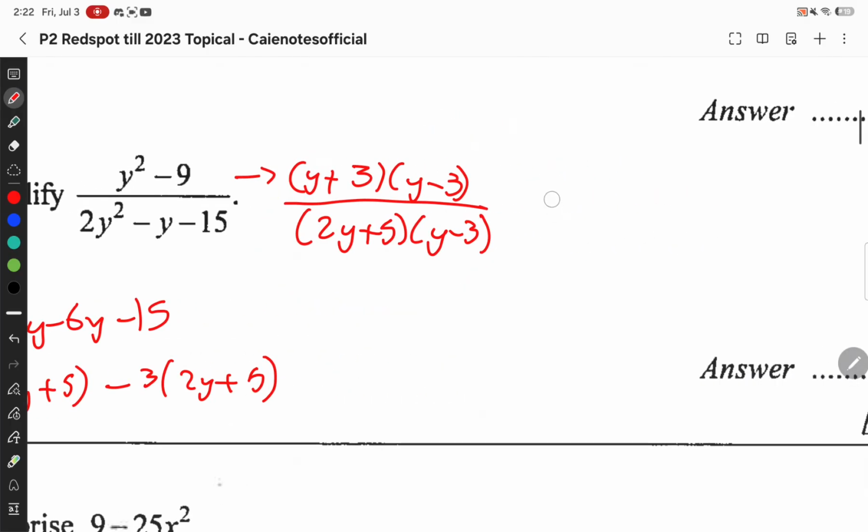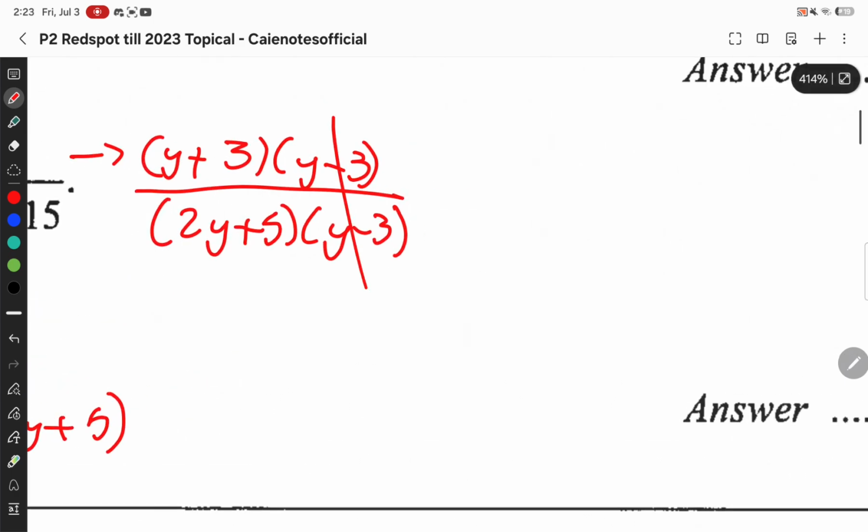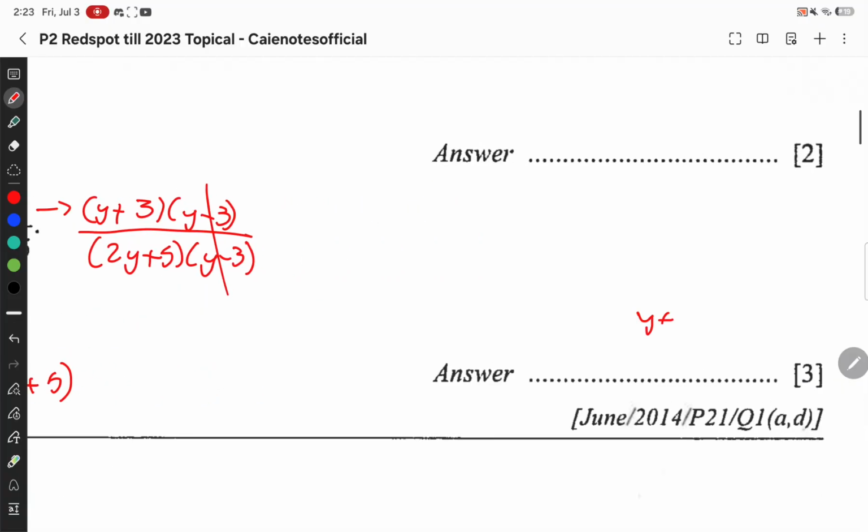Now, as I said, in the original example we cross out a term. So here we also cross out this factor from these two polynomials, and hence you get 2y plus 5.